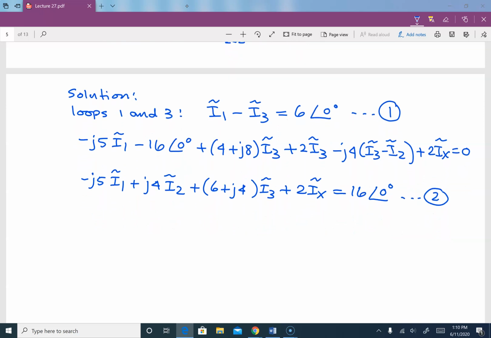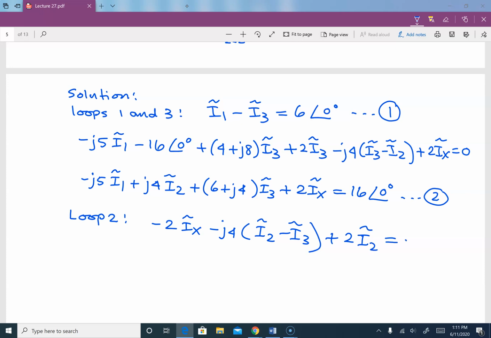So now we are gonna go with loop 2. For loop 2, that is minus 2 ix minus J4 times I2 minus I3 plus 2I2 is equal to 0. Collect terms.